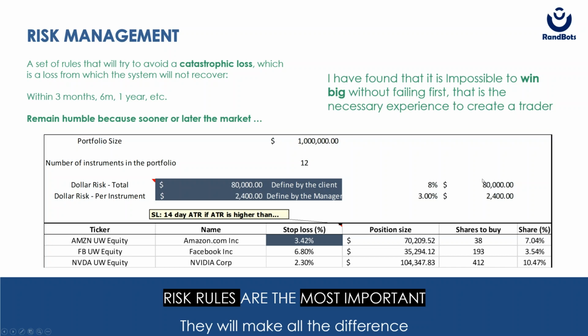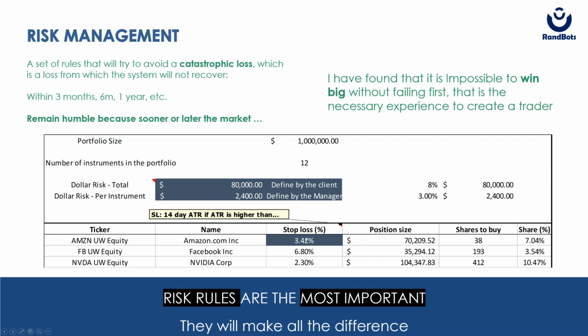Then by an equation that I will share with you in Excel later, I define the risk. So I know that I can take about $2,500 risk in every single stock that I will trade. That's about 12 stocks, right? I'll show you this in Excel later.